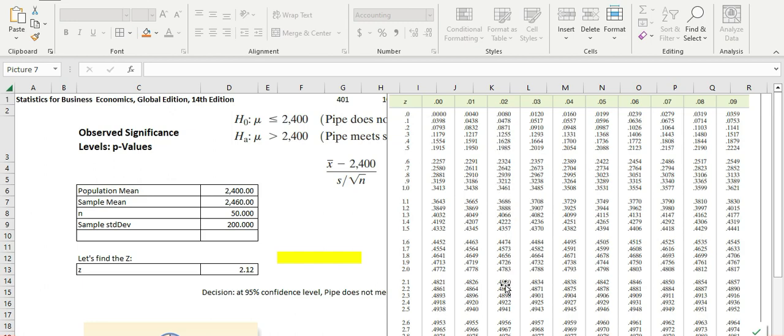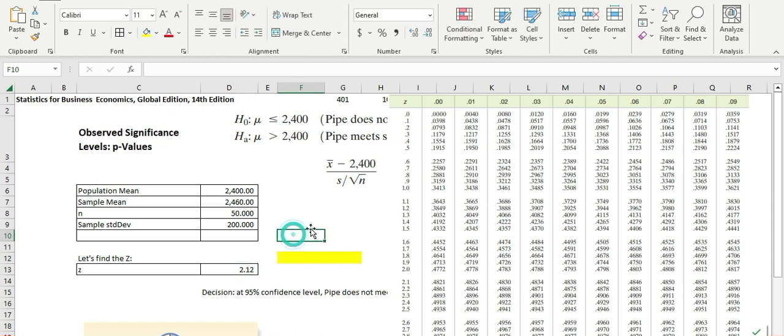So it's 0.4830. This is the value from the distribution table for 2.12.